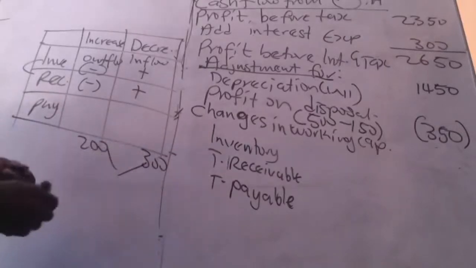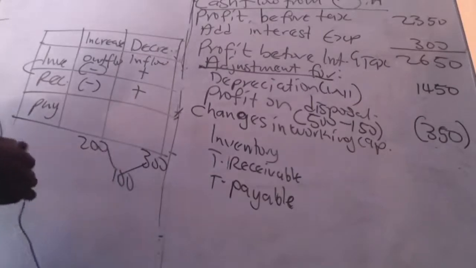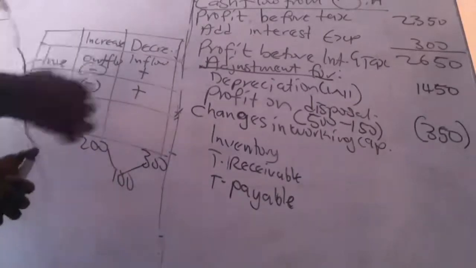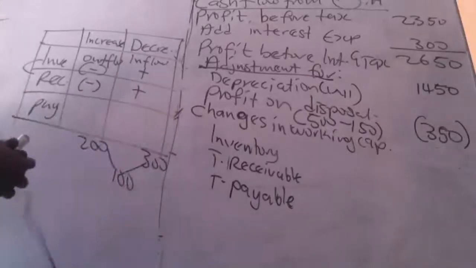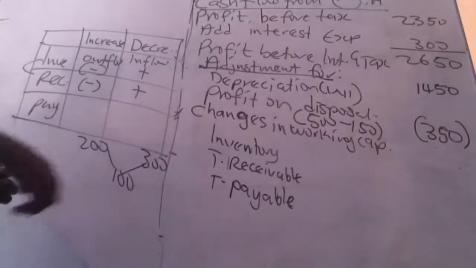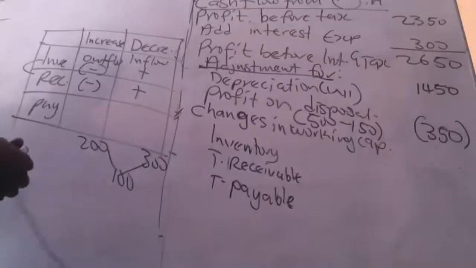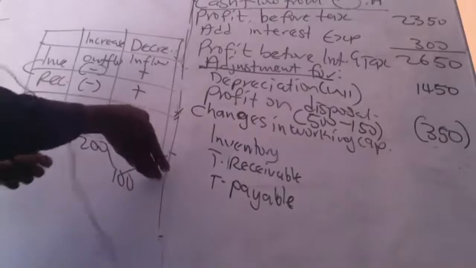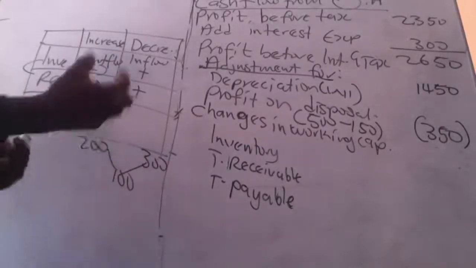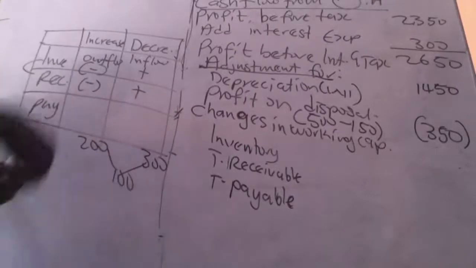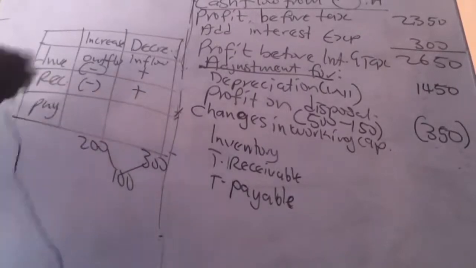The difference of 100 means that during the year, you have sold additional goods costing 100 Ghana cedis to the people. Where do you get those goods from? You bought them with cash and you are selling to the people without taking money. It's on credit. Trade receivable, the debtors figure, has increased. It means that you have given them additional goods on credit.